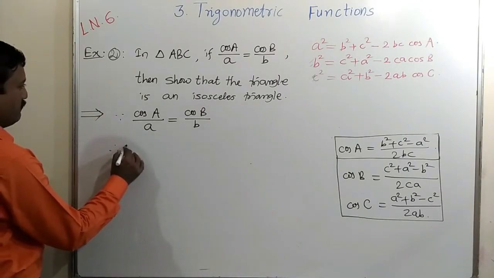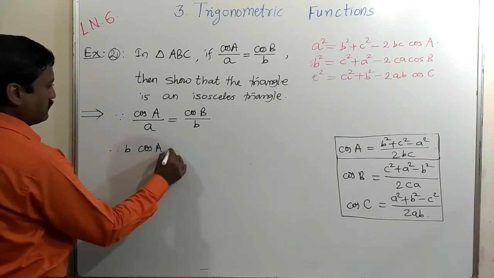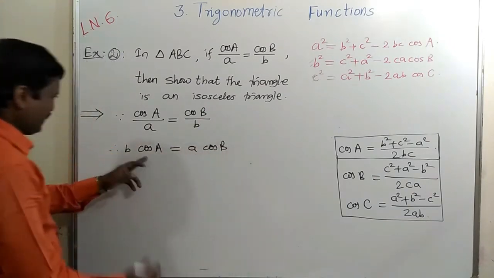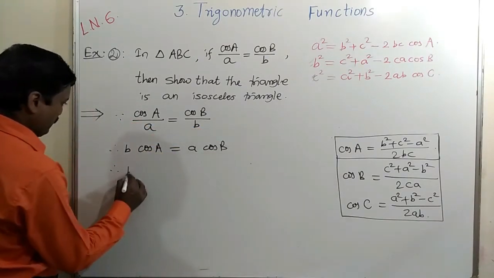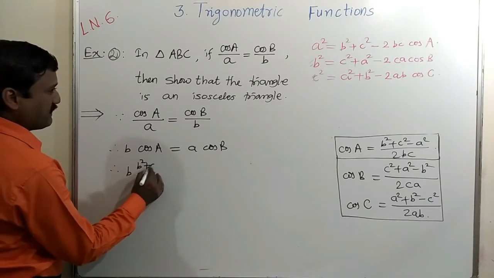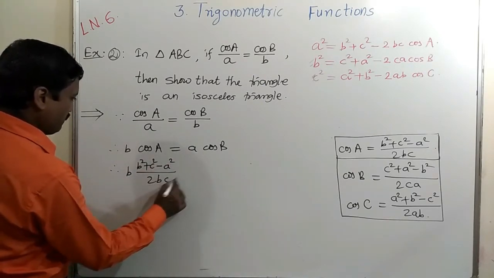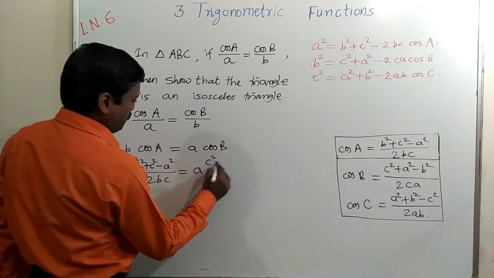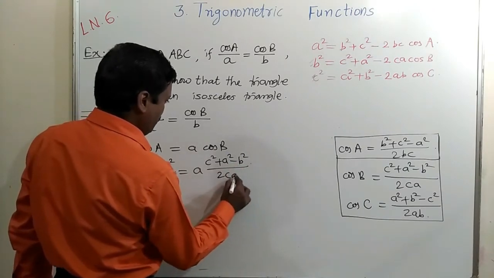Therefore, by cross multiplication, we get B into cos A is equal to A into cos B. Now use the cosine rule. Cos A is B square plus C square minus A square upon twice BC, is equal to A into, for cos B, C square plus A square minus B square upon twice CA.